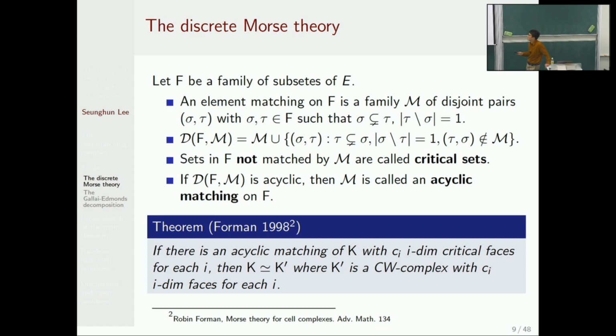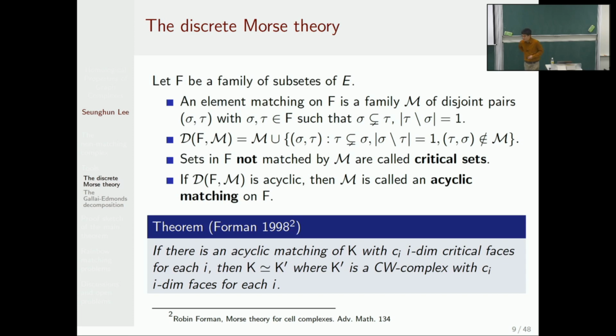So we can consider this D_F(M) as a directed graph. Sets in F not matched by M are called critical sets. And if this directed graph is acyclic, then the matching M is called an acyclic matching on F.